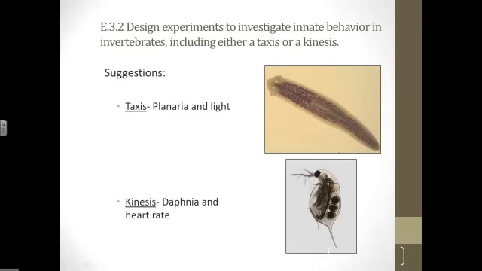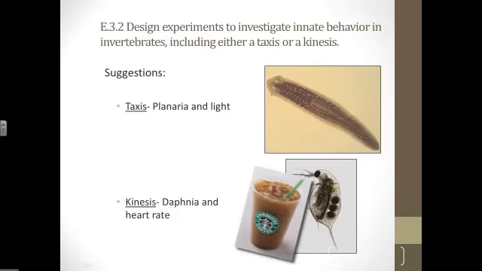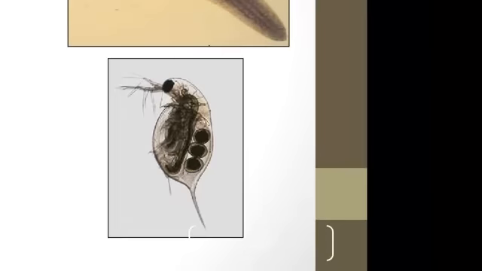And one of the experiments that we did before IB banned them was that we would take Daphnia, which could be in just sort of a beaker of water, and we would, let's say, add some caffeine to the water, add a stimulant. As you can see from this picture, Daphnia's body cavities are transparent, and you can see the organs moving, and you can actually see the heart pumping, and you can take a measurement of how fast the heartbeat is for the Daphnia.